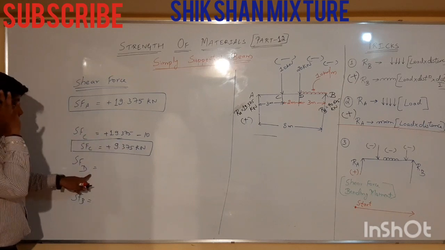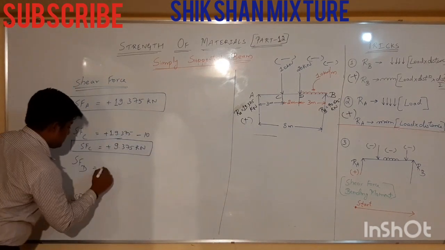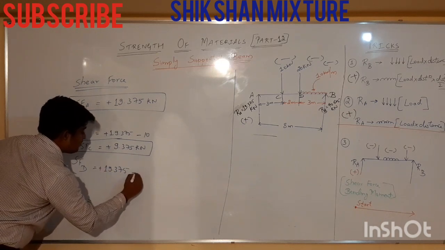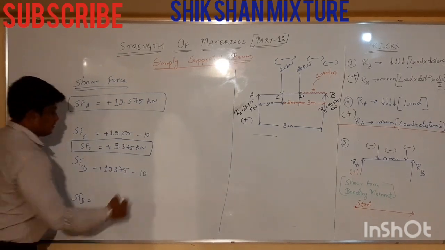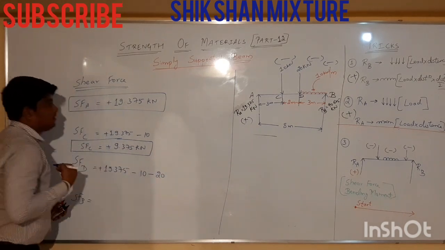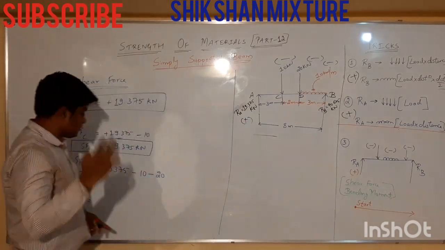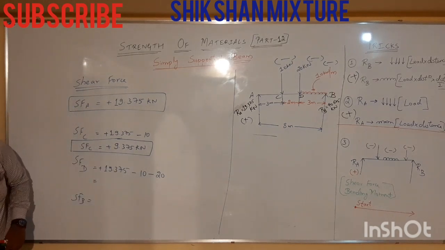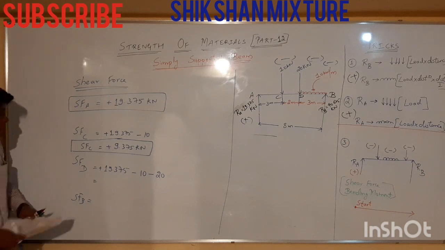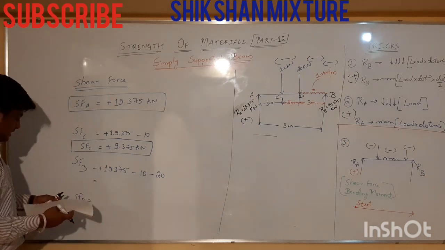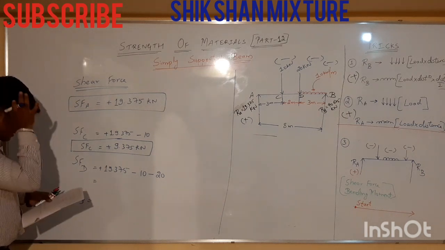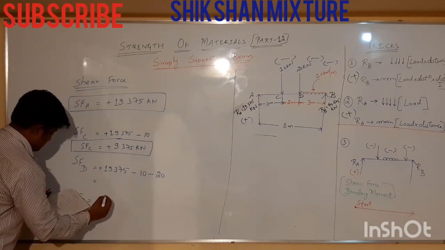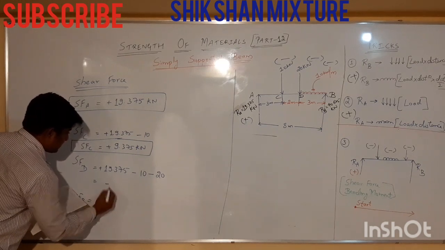Next, SF at D. 19.375, that is positive. Minus 10. Next, minus 20. At D, I can see 3 loads: 1, 2, 3. Sorry, 20. Next, if I calculate this, I will get the answer as minus.